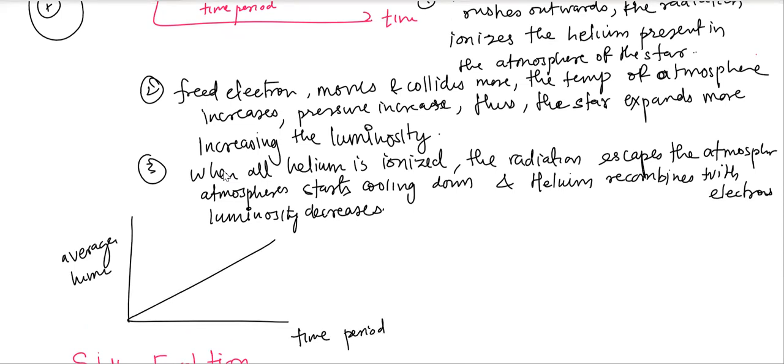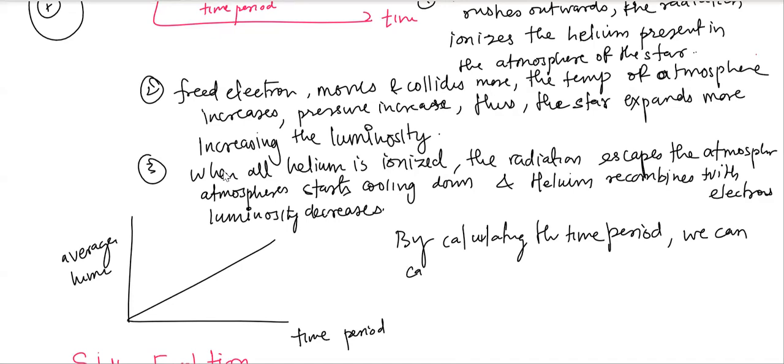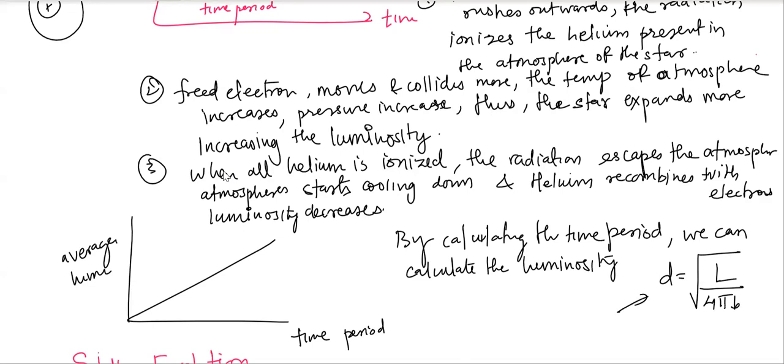Okay, so by calculating the time period, we can calculate the luminosity, and by using the luminosity and apparent brightness formula, we can calculate the distance.